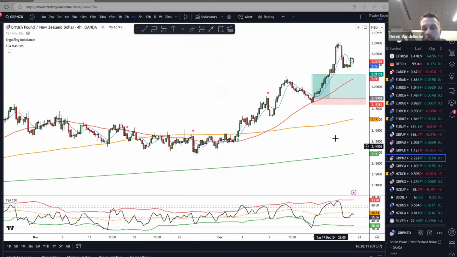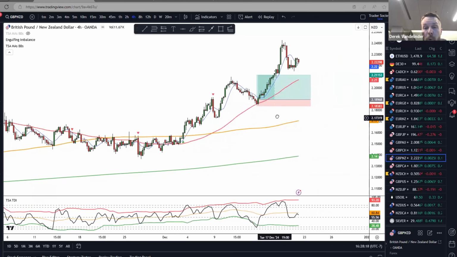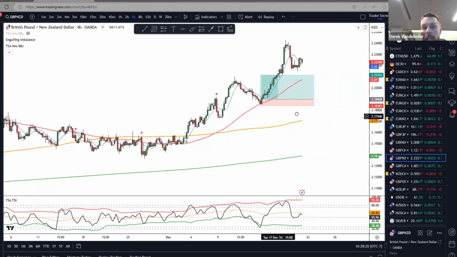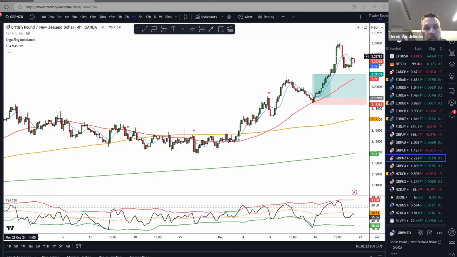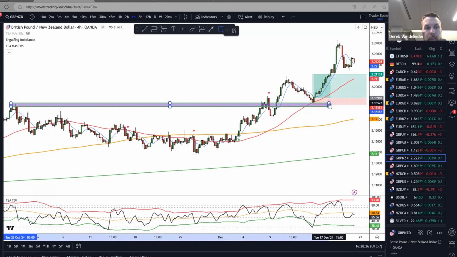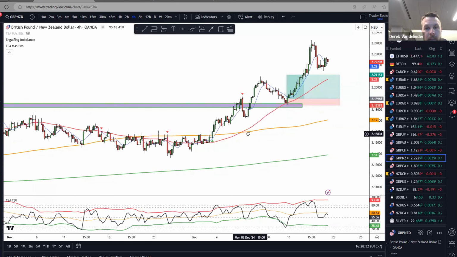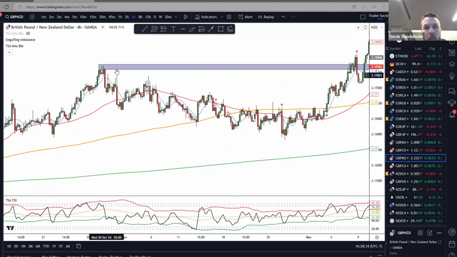Maybe you don't want to scalp. Same exact concept. So this is the 4-hour time frame on GBP NZD. So I'm going to draw my support line. You see how price rejected here? Rejected here. So now I use that as my support line.